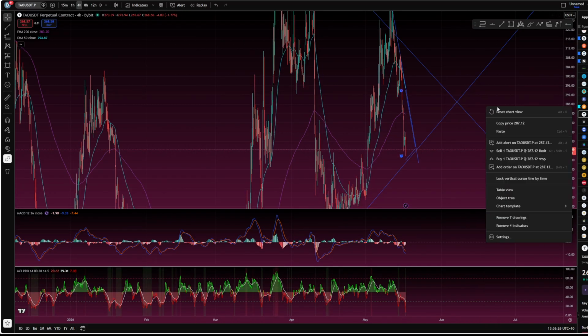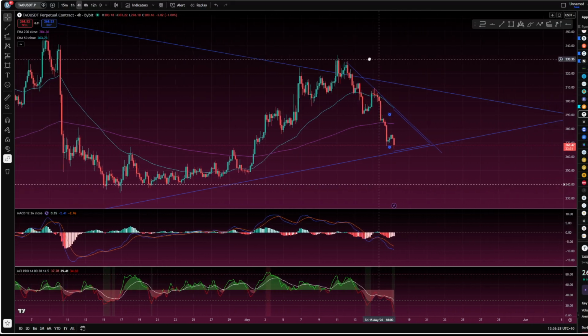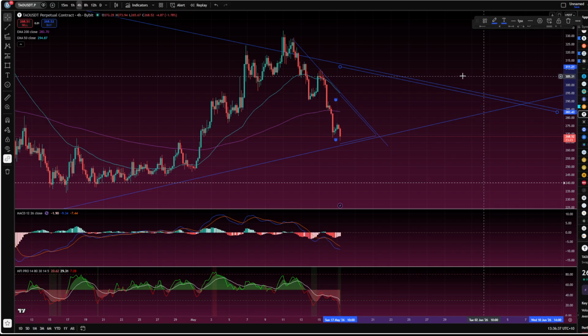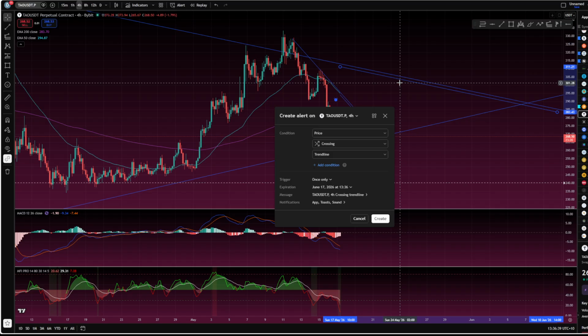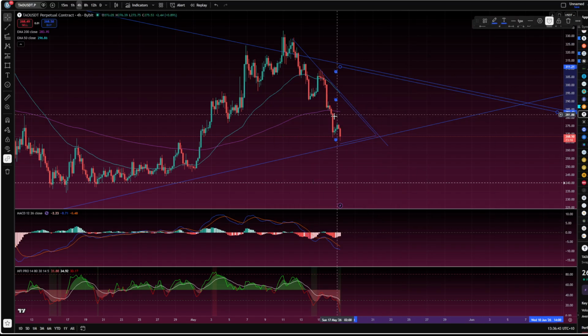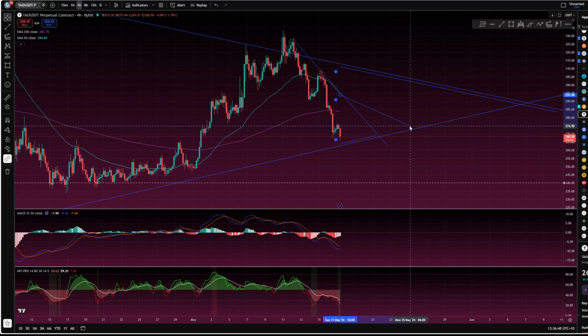Now that we've got the lines for the longer ones, I will do the exact same on these. I'll create an alert before the resistance. And actually this, oh no, what did I do?